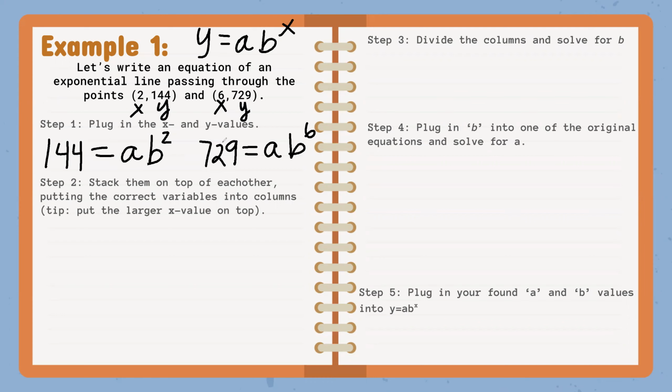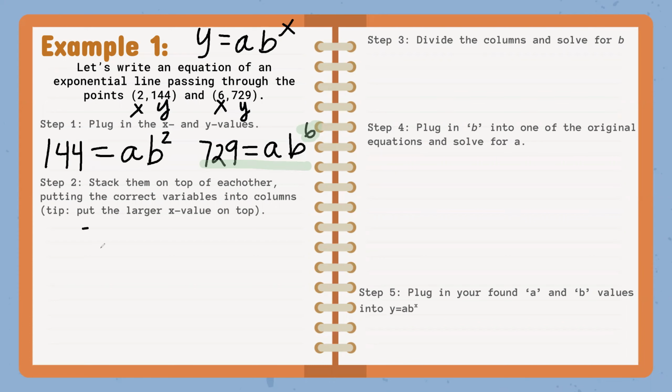The next step is to stack them on top of each other, putting the correct variables and constants into columns. My tip is to put the larger x value on top. This equation has an x value of 6, whereas this one has an x value of 2, so I put the larger x on top.